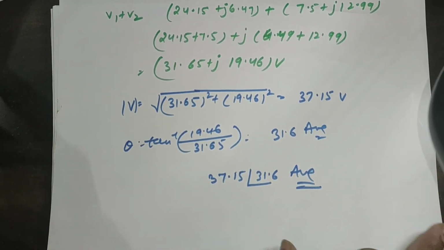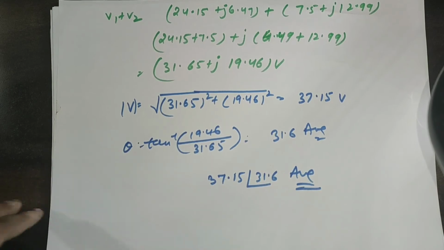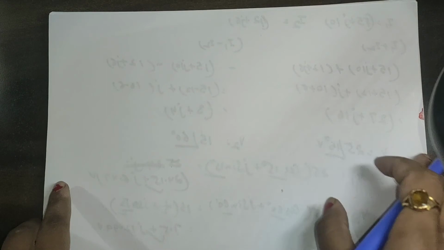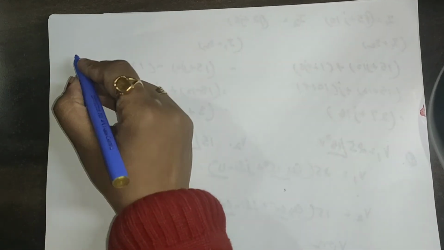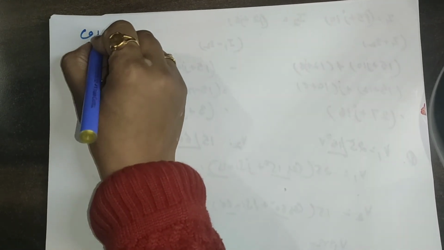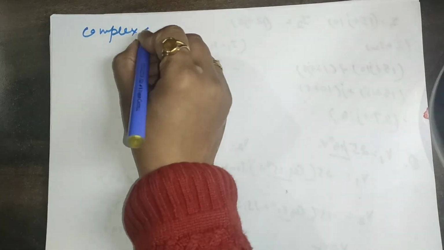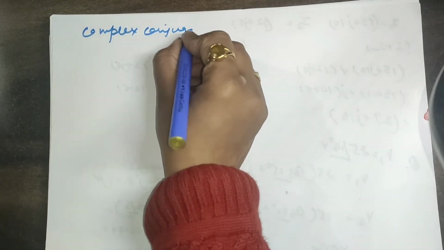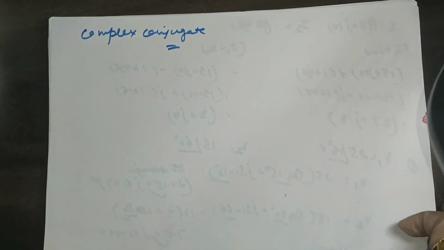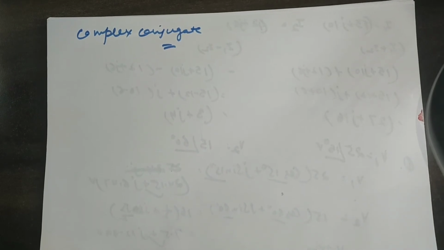Okay, now one more important term, that is complex conjugate. I hope you all know what a complex conjugate is. You have studied it earlier in 11th and 12th class. Complex conjugate is also used in this phasor method. What is a complex conjugate?